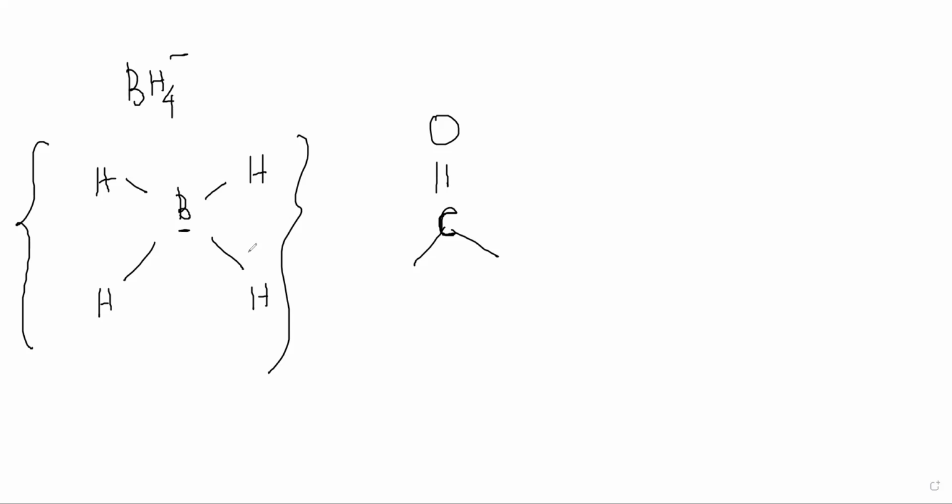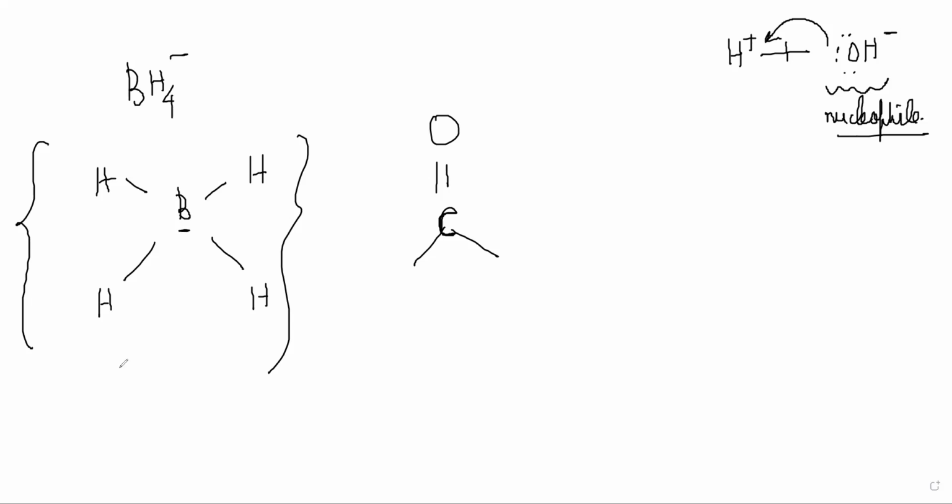In the other cases, there was a lone pair of electrons which was already available. For example, when H plus bonded with OH minus, O had many lone pairs. So the lone pairs were available to be transferred. So this was the nucleophile here.